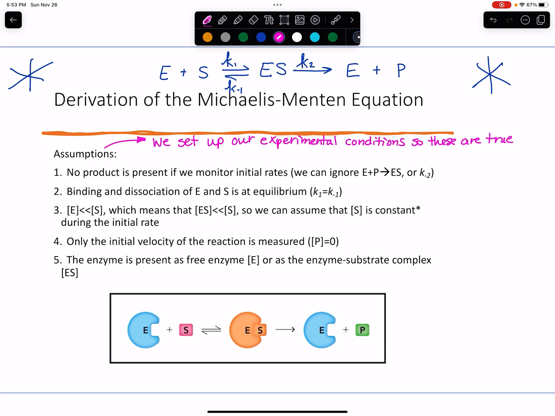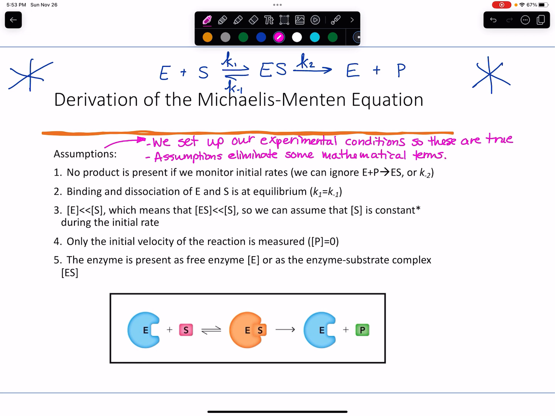And the second thing is that the assumptions eliminate some mathematical terms. They simplify the model.